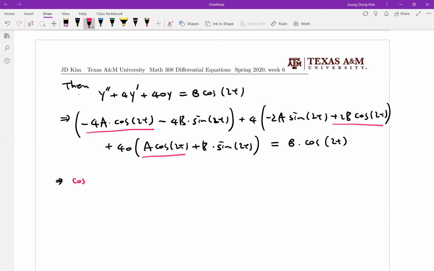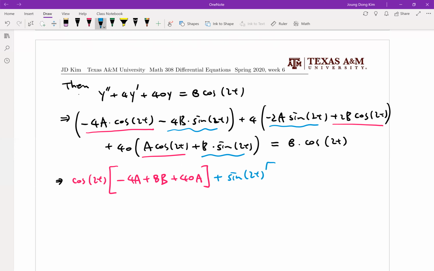Let me write cosine 2t first, then we need big parentheses. From the first one is negative 4a, the second one is plus 8b, and plus 40a. That's it, right? And what about sine? I'm talking about this one and this one. Plus sine 2t and in big parentheses minus 4b and then negative 8a.